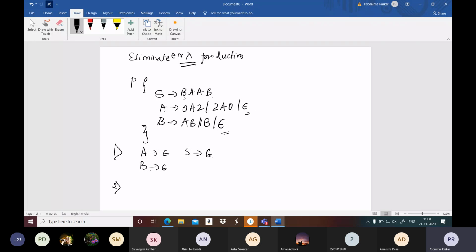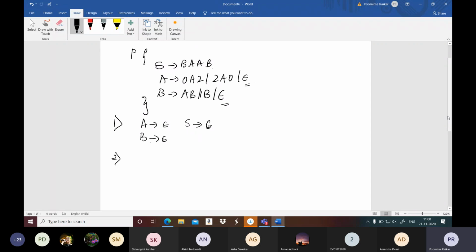If I substitute for B epsilon, A epsilon, S again generates epsilon. Now the second step is to go on adding new rules by alternately substituting A, B and S as epsilon, because these are the variables which are nullable.